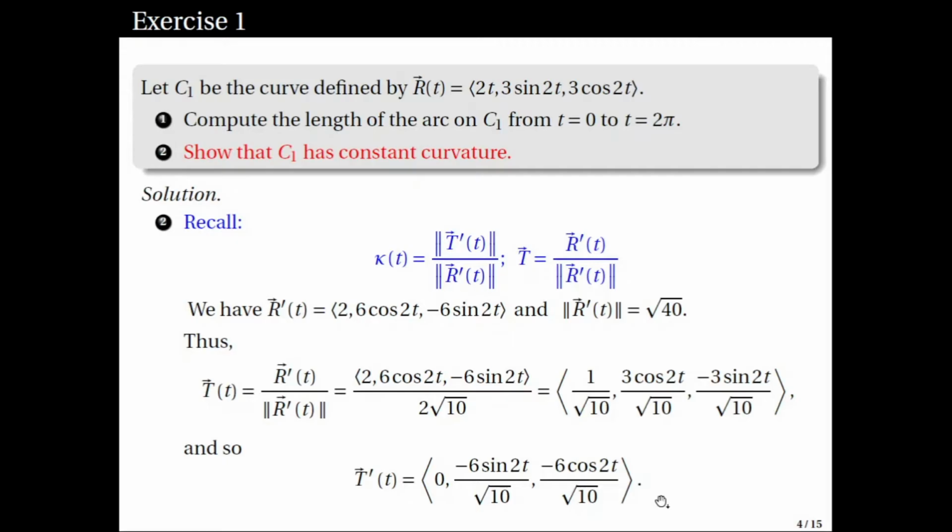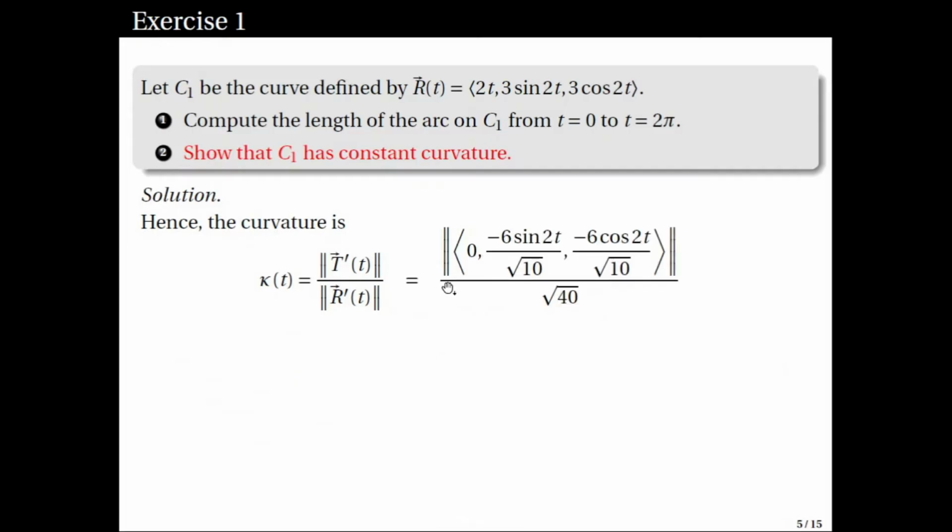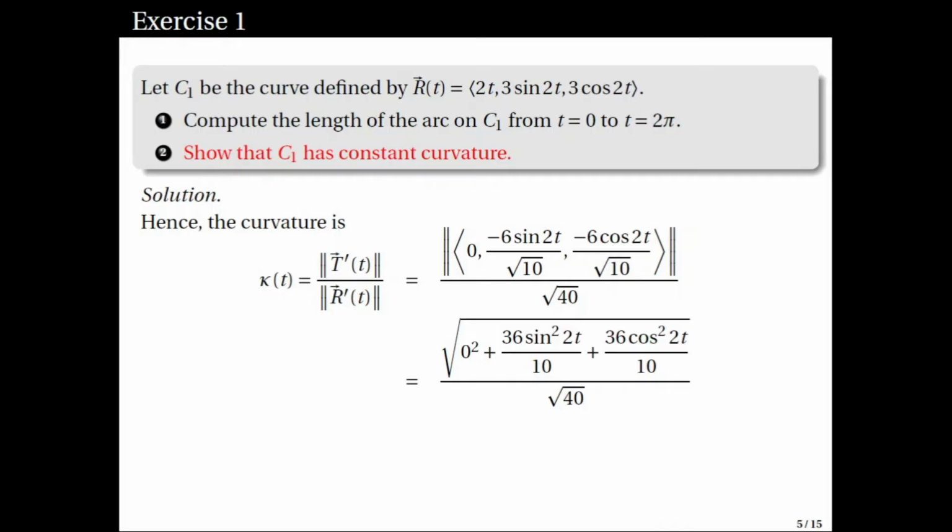So now that we have T prime, we can solve for the curvature, which is just equal to the norm of the T prime we had earlier divided by the norm of r prime, which is square root of 40. To get the norm, just simply take the square root of the sum of the squares of the components.